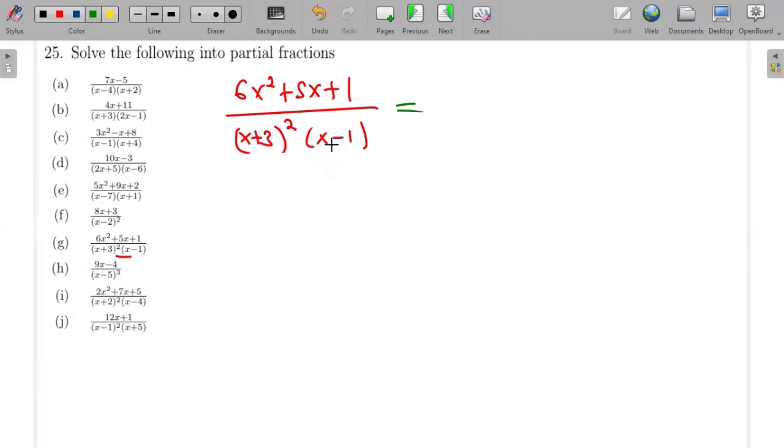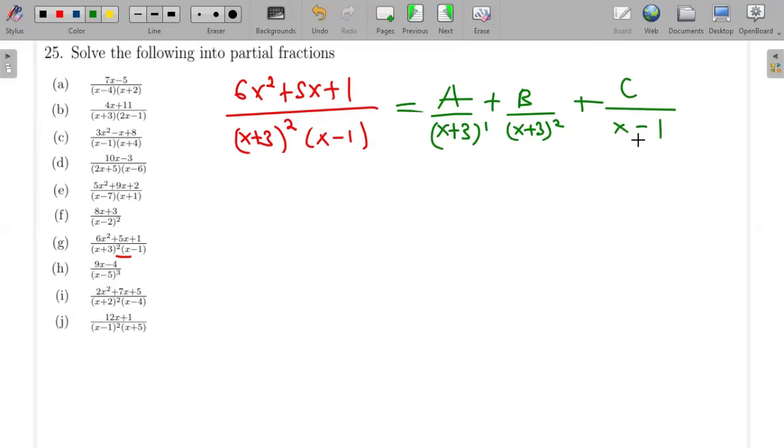So this will be equals to, for the repeated factor there, a divided by x plus 3, plus b divided by (x plus 3) to the power 2. Here I should have said to the power 1, and then plus c divided by x minus 1. Then we multiply throughout by this denominator.